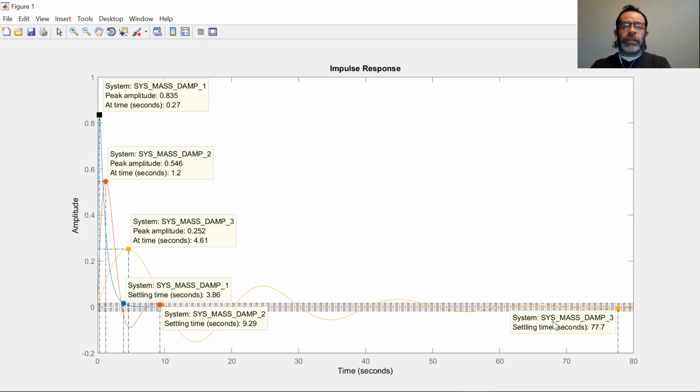Remember that? Why would the heavier mass take longer to settle? It's got more inertia. Okay, do you see that? The lighter mass has less inertia. The medium mass has a bit more inertia. The heavier mass has even more inertia. It goes less far, but it's going to take more time to settle. Okay, does everybody see that?